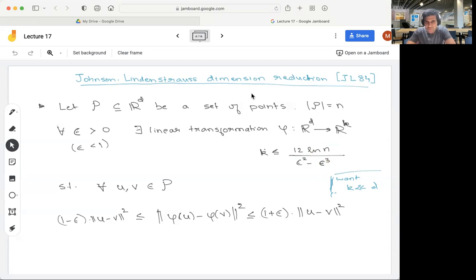So roughly log n over epsilon squared dimensions are sufficient for a data set with n points. It doesn't matter what the original dimension of this data set was. They could be living in d dimensions. In general, you can show that to realize any kind of distances, it's sufficient to take d to be roughly n. But here you're saying that if you just want this to preserve distances approximately, you can take the dimension to be log n, which is a tremendous saving for many applications. Any questions before we continue?